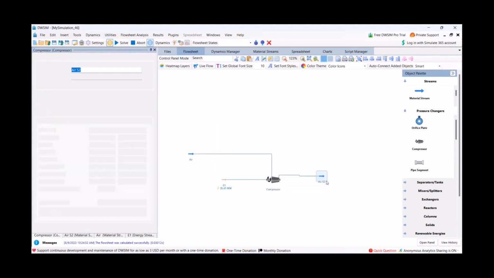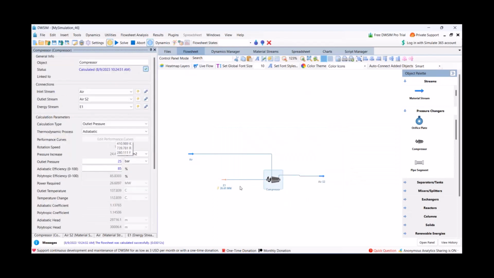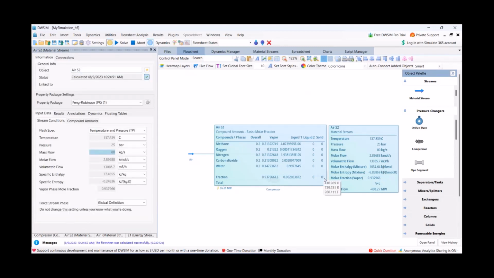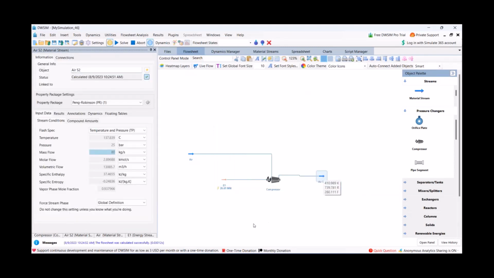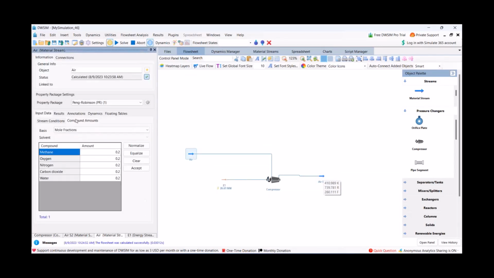And the outlet temperature of air is now 137 degrees centigrade, which is lower.